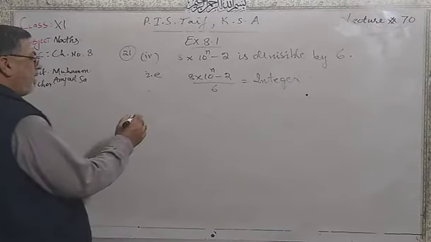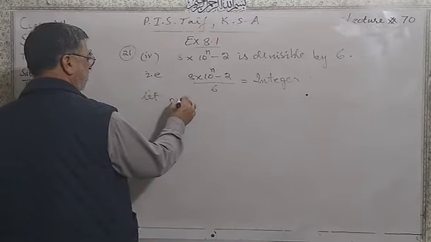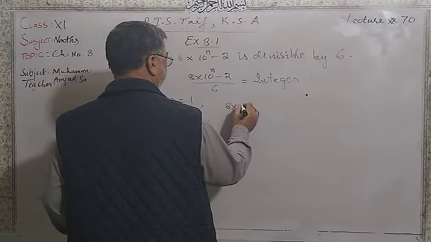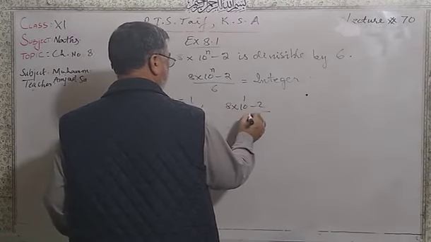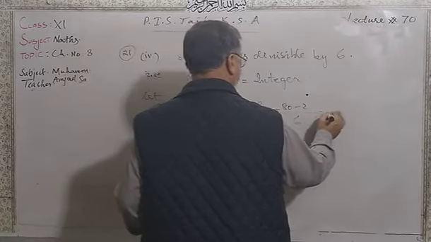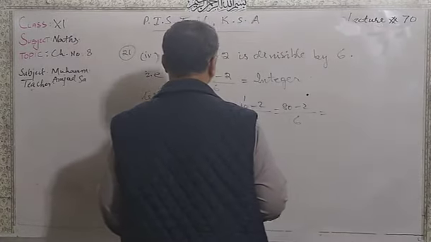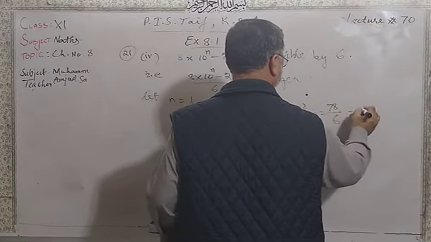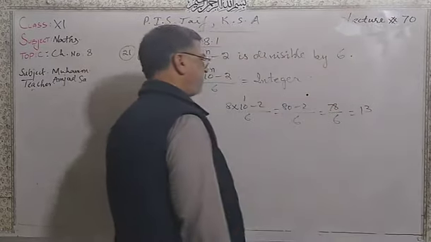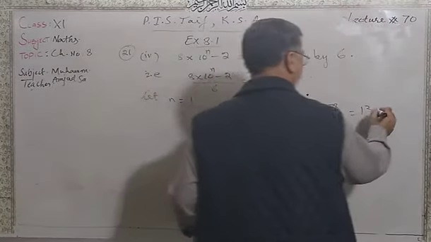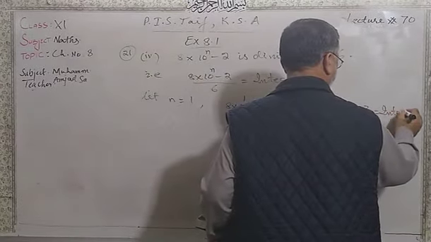The procedure is the same. Let n = 1. What will be (8 into 10^1 - 2)/6? (80 - 2)/6, that will be 78/6, that will be 13. So this is an integer.